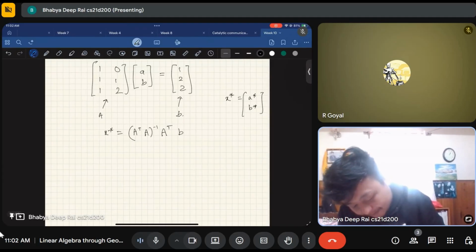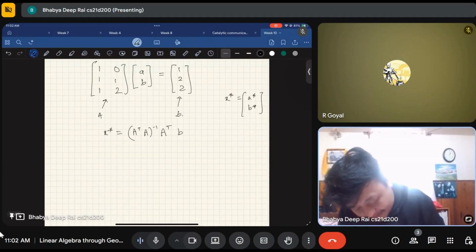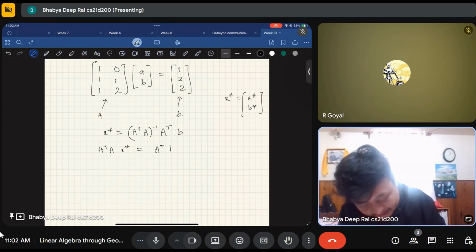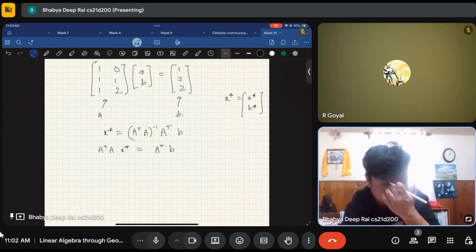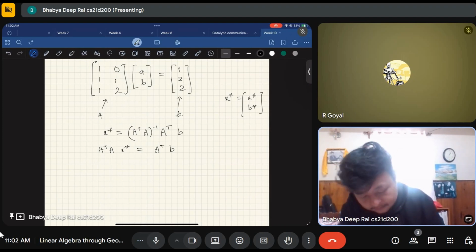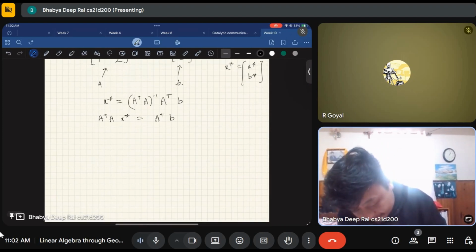In order to solve it, I can left multiply by A transpose A, which gives A transpose A x star is equal to A transpose b. Now all I need to do is find A transpose A and A transpose b.